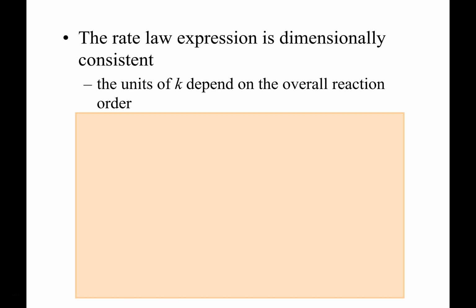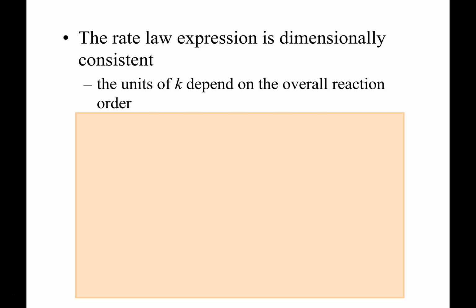We need to be dimensionally consistent. So hopefully if I were to ask you what the units of rate were, since you just did some homework about that, you would say it's molar per time. Or break molar out, that's moles per liter per time. And time could be seconds or minutes or hours.